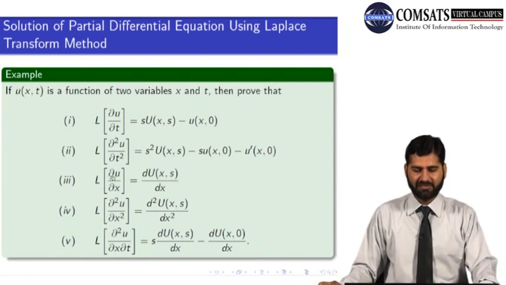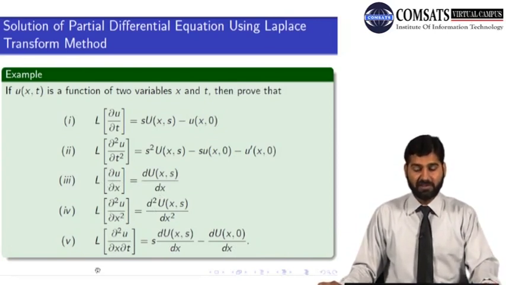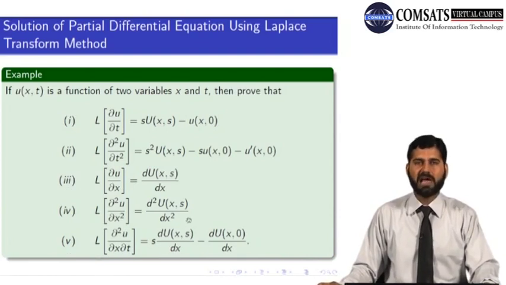With respect to x, you just take the Laplace transform of u and then take the derivative. Similarly for the second derivatives. With partial derivatives, it will be different: one derivative uses this formula, the other derivative uses that formula, so you have to mix up the formulas. These 5 formulas will help you solve partial differential equations with the help of the Laplace transform.